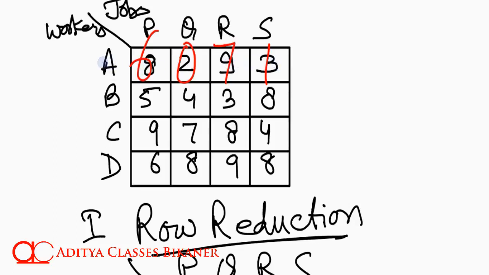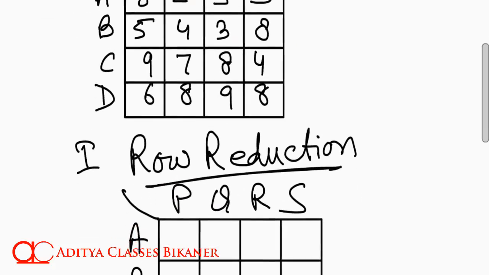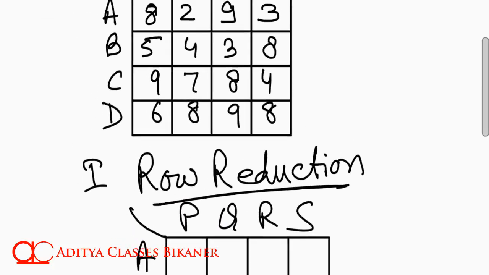So I have subtracted 2 from all these times. This is row reduction for our first worker or first row.